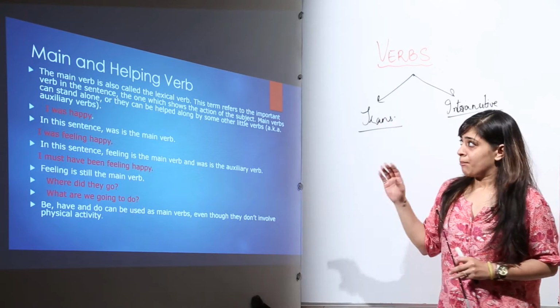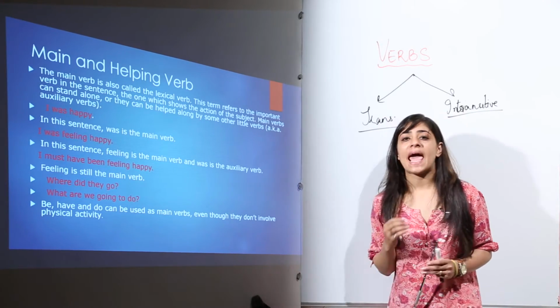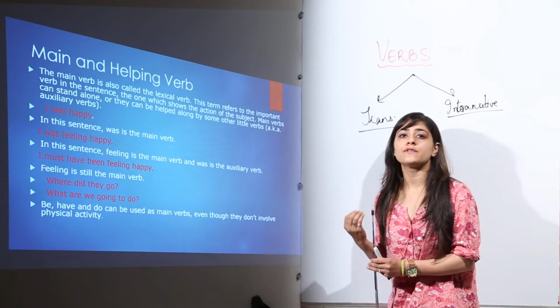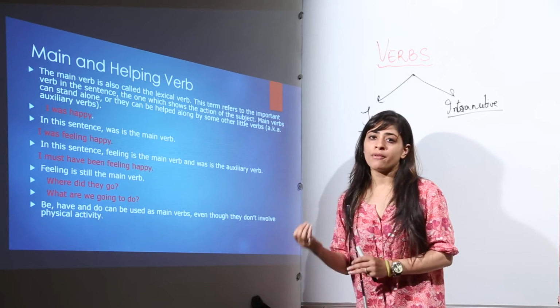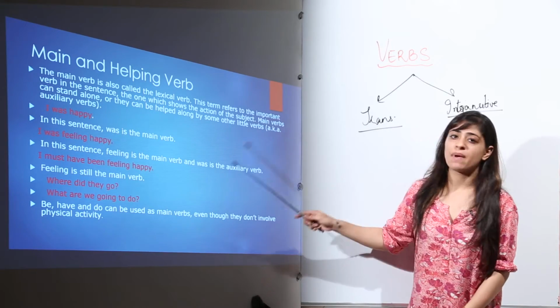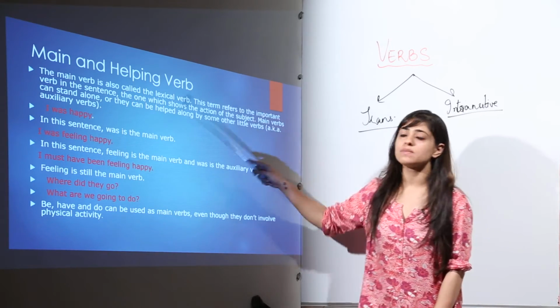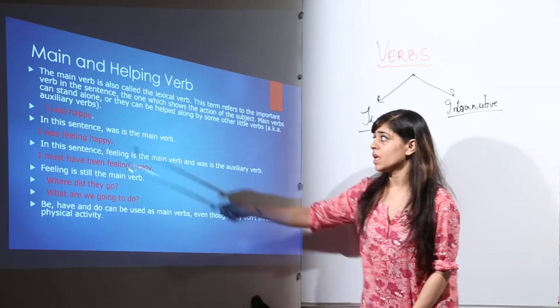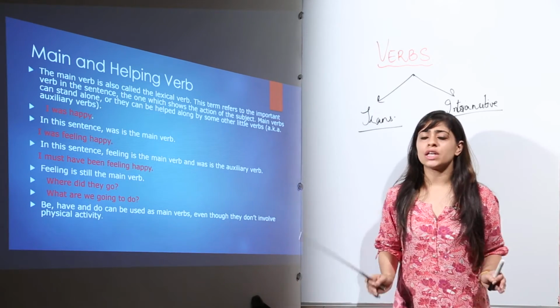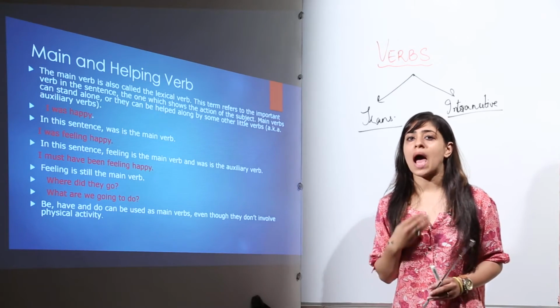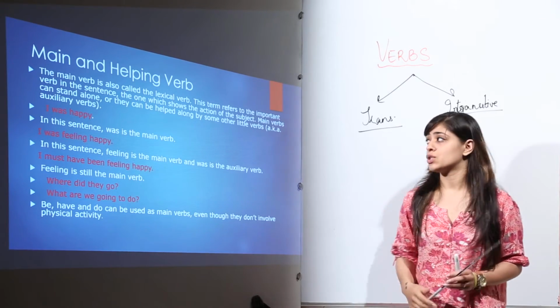Now, main verbs and helping verbs basically help us in the construction of sentences. The main verb is also called the lexical verb. This is not taught in your schools or classes. This is just to add to your vocabulary or knowledge.